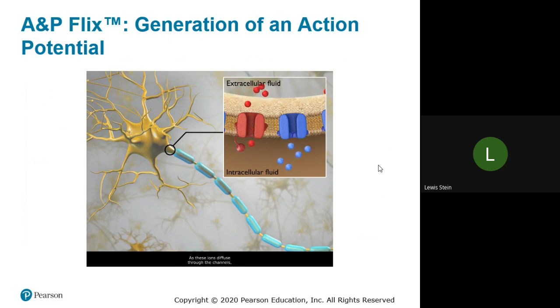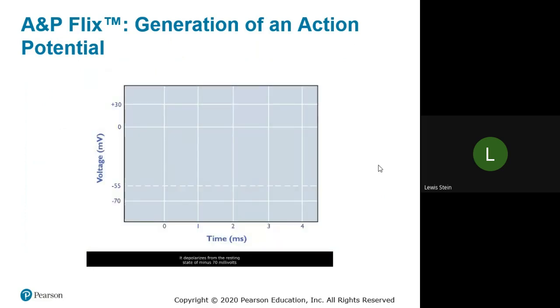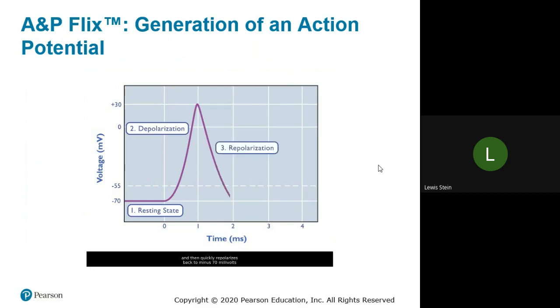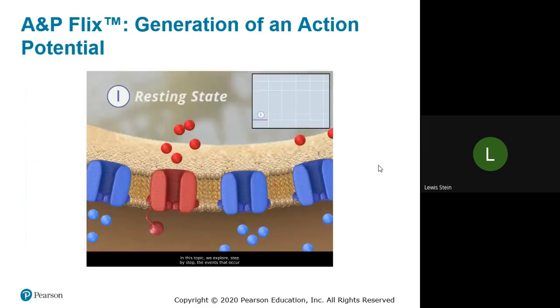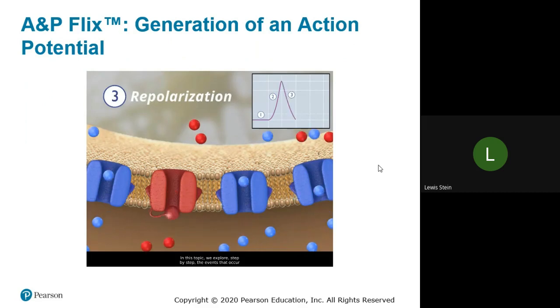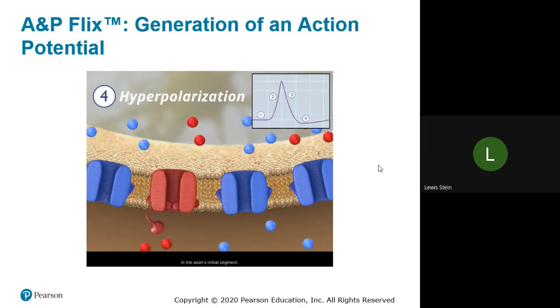As these ions diffuse through the channels, the membrane potential changes. It depolarizes from the resting state of minus 70 millivolts to a peak value of plus 30 millivolts, and then quickly repolarizes back to minus 70 millivolts after a brief period of hyperpolarization. In this topic, we explore, step by step, the events that occur as an action potential is generated in the axon's initial segment.